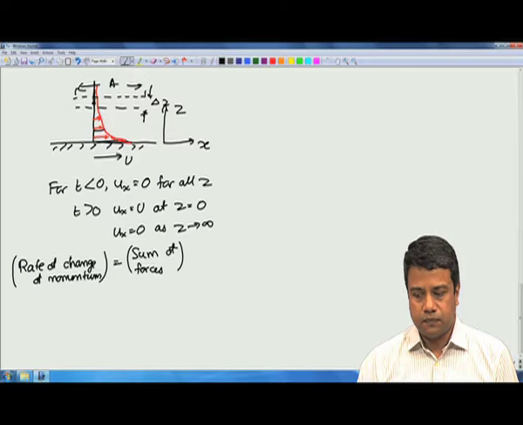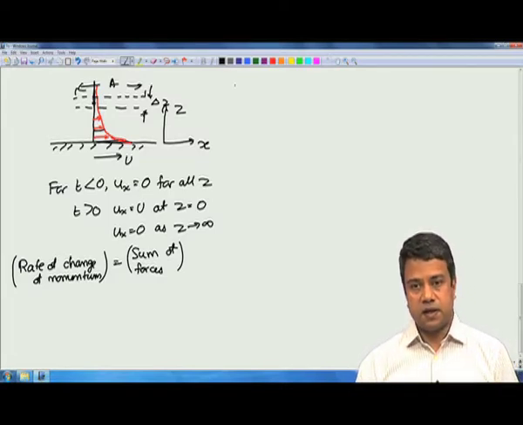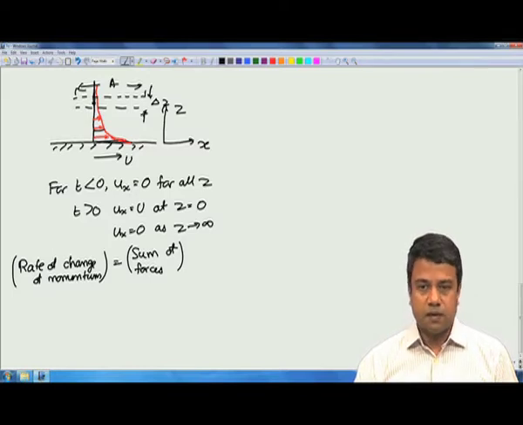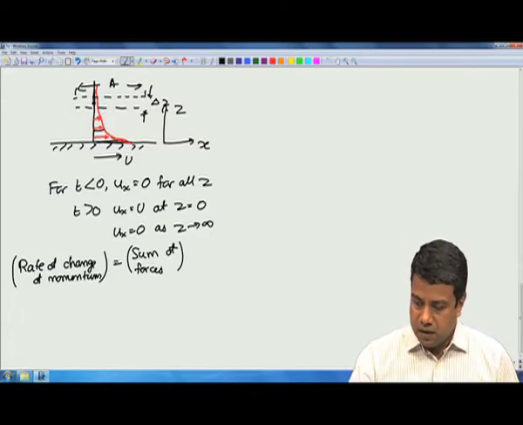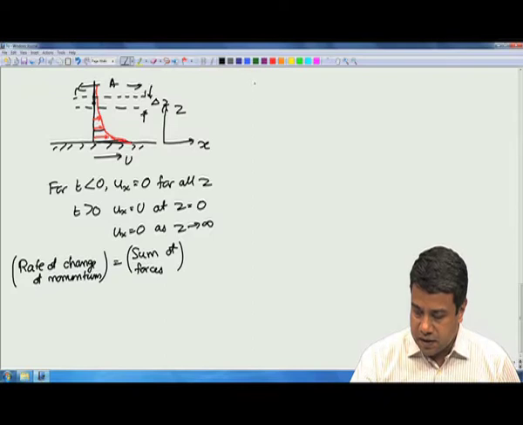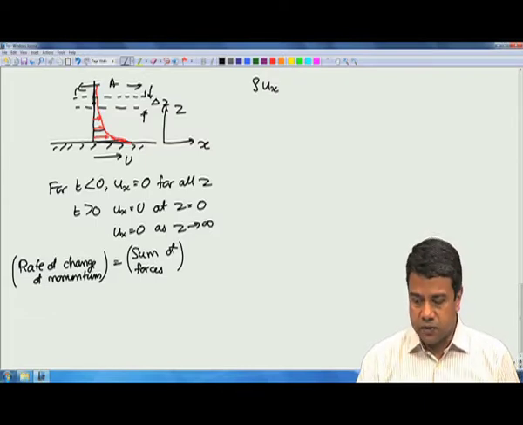What is the rate of change of momentum? In this case one should be careful because the momentum is a vector. In this particular problem, the momentum is in the x direction. So, we are talking about the rate of change of momentum in the x direction. The momentum in the x direction can be written as the density times the velocity in the x direction times a volume. This is a momentum density.